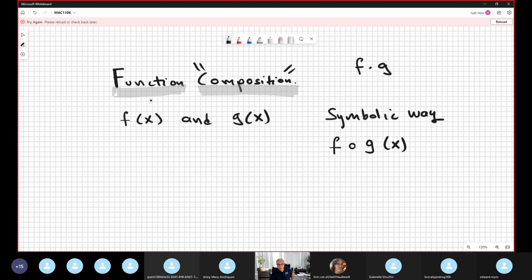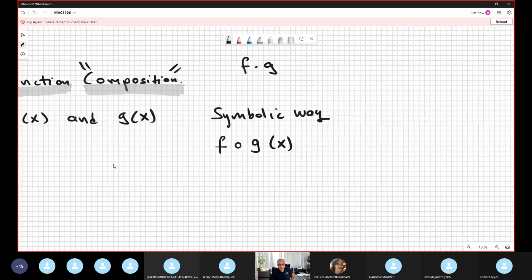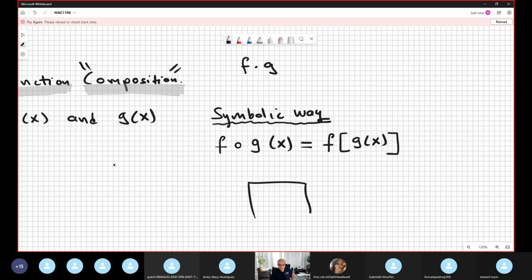It's a period, and this is a circle, but a small circle. And what does that mean? Well, that means g, which is the first function, so you have f of g of x. What is the interpretation of this? A fantastic way to interpret this is you have two functions and you put them together, but in this way, like a chain of functions.